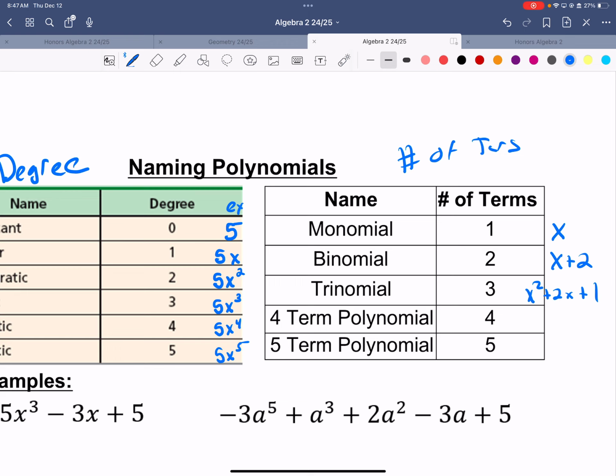Now, this is for the rest of them. Anything over 3, we just say it's a 4th, 5th, 6th, 8th term polynomial. So if it has 27 terms, we just say it's a 27-term polynomial. So anything bigger than 3, you just put that number of terms polynomial.